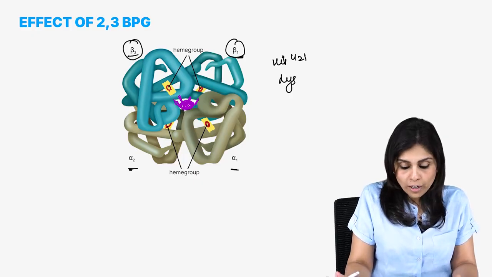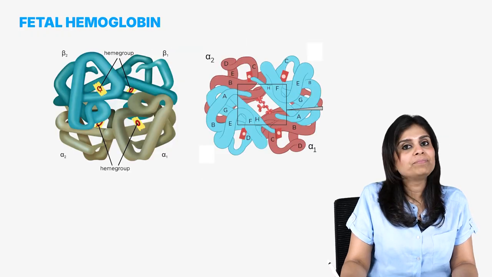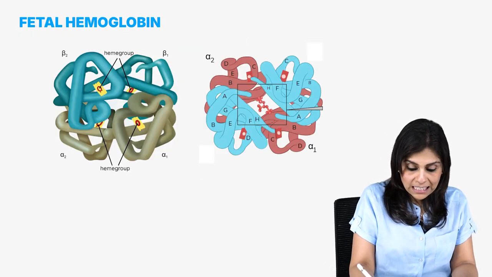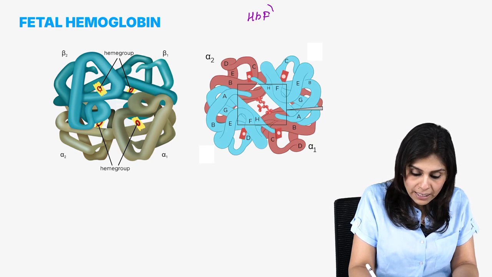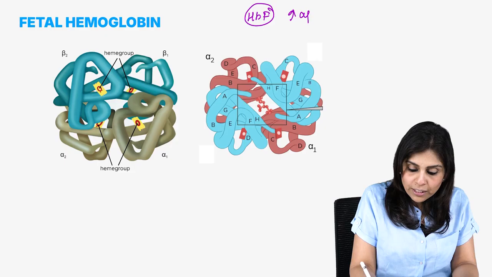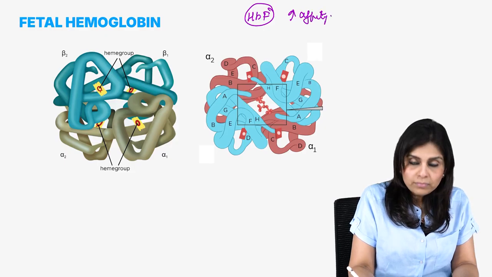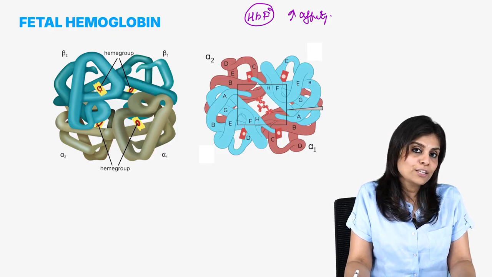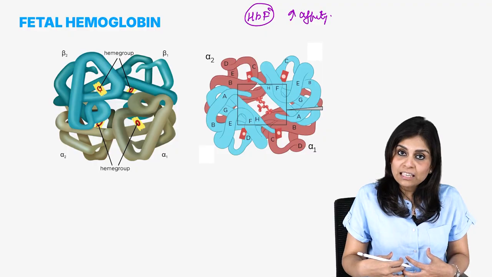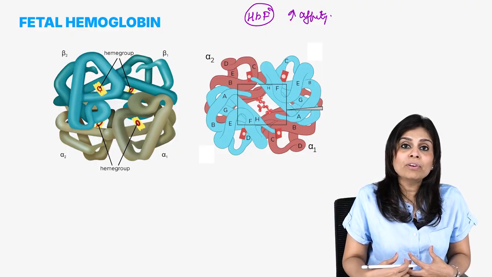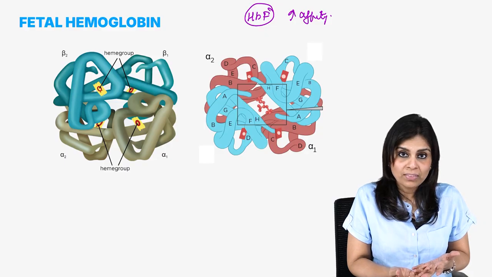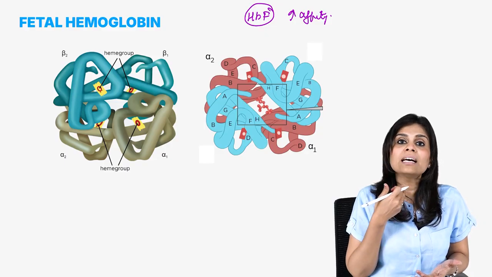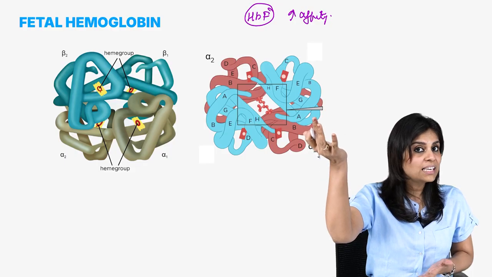Okay. Now, what about fetal hemoglobin? We always say that fetal hemoglobin exhibits higher affinity for oxygen. And yes, your fetal hemoglobin has to exhibit higher affinity for oxygen because fetal hemoglobin accepts oxygen from maternal circulation, whereas adult hemoglobin accepts oxygen from atmospheric air.